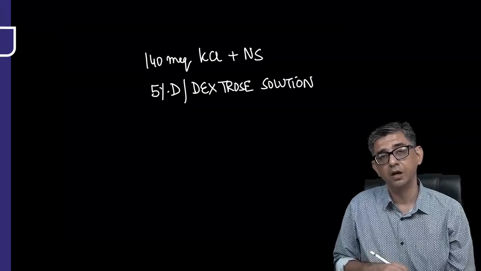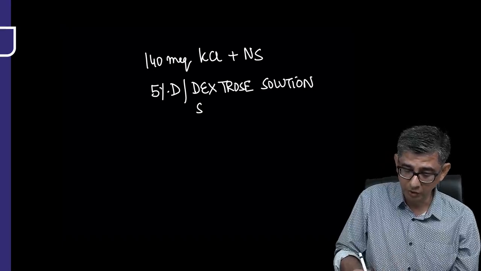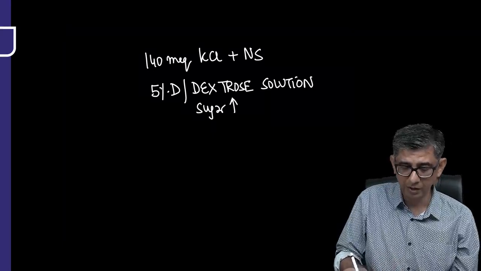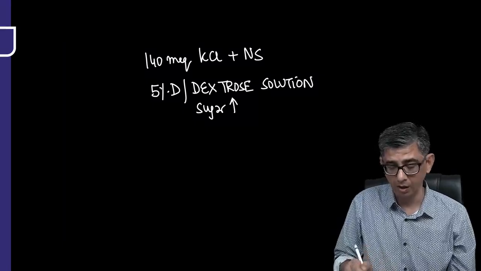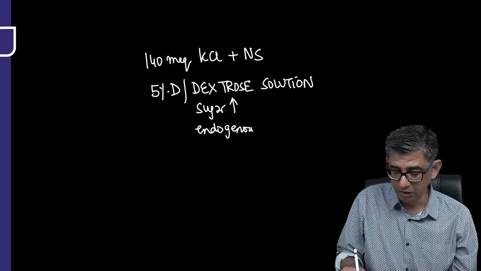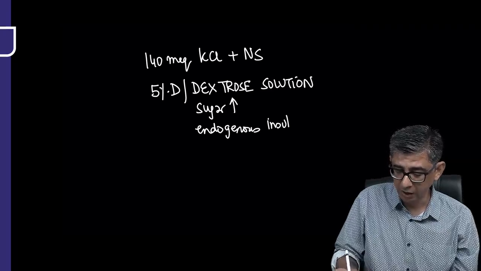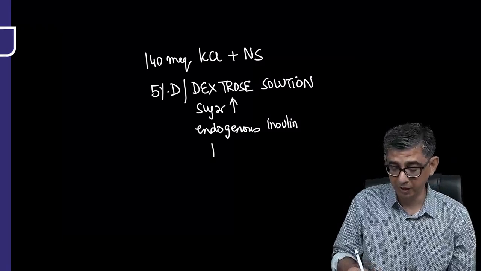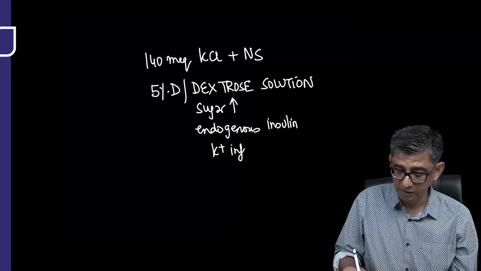Let's look at why. If you administer dextrose solution to the patient, then sugar in the body will rise, because after all, dextrose is sugar. If sugar rises, it will trigger endogenous insulin production. And what does insulin do? It causes potassium influx, and that will worsen the condition.